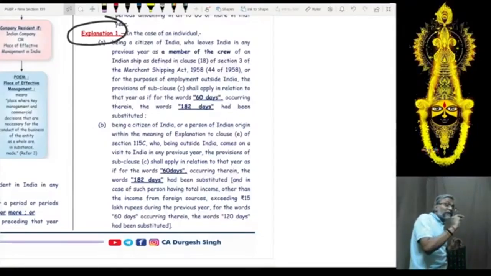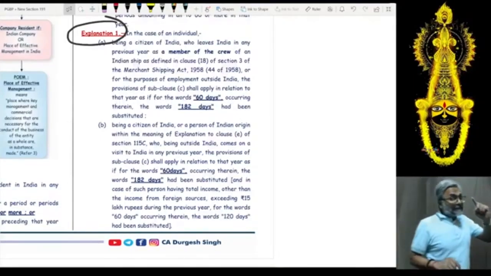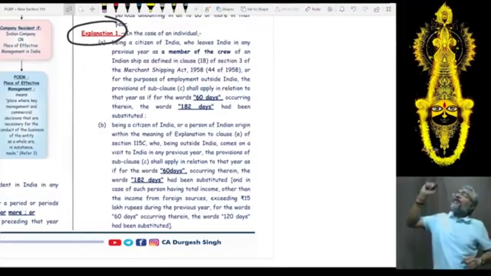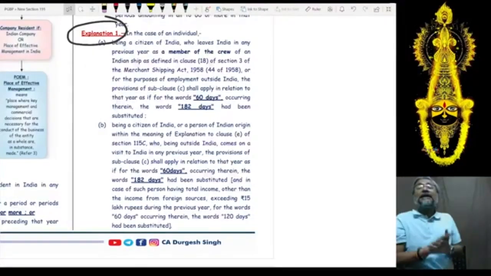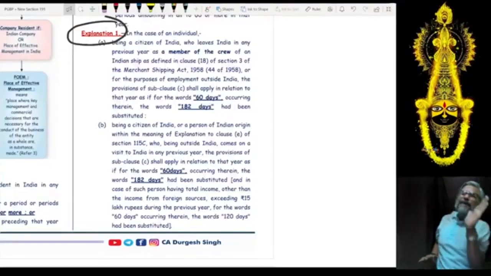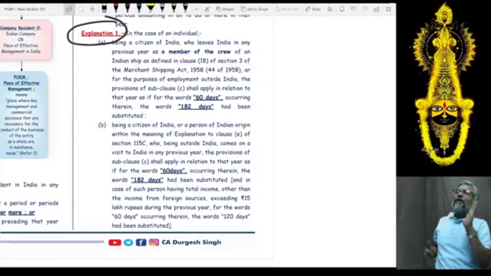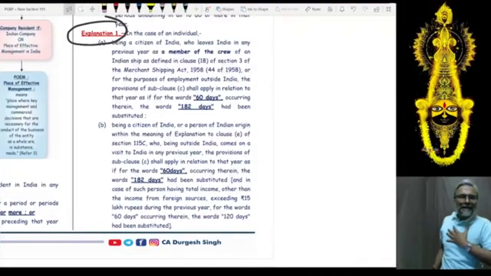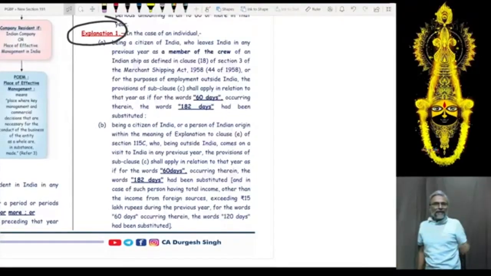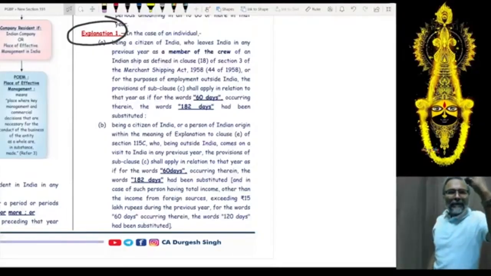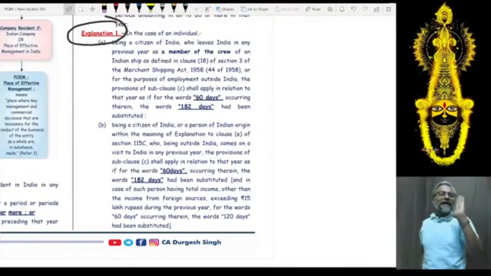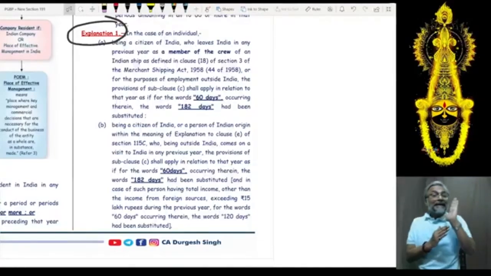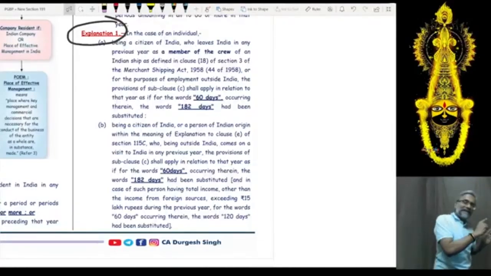Now please understand, in the first situation, the one who is leaving India for the purpose of taking up employment outside India happens to be a citizen of India, which means I am holding the Indian passport. I qualified my chartered accountancy examination. I got a job abroad. I'm moving outside India for the purpose of taking up employment outside India. Please tell me, when I'm going abroad, am I holding the Indian passport? Yes. Am I a citizen of India? Yes.